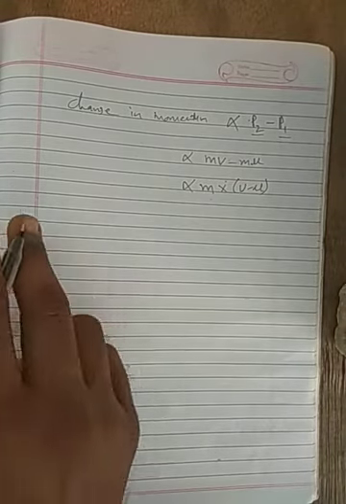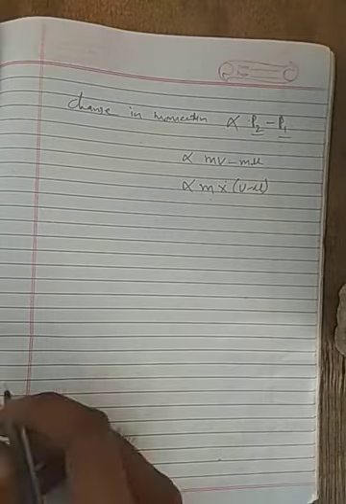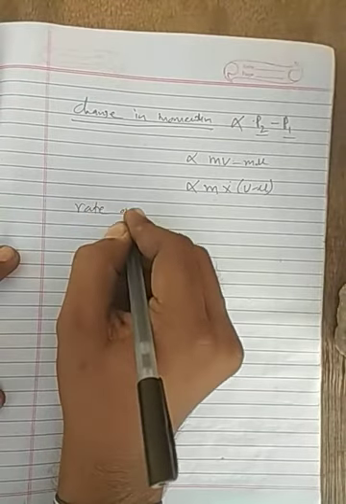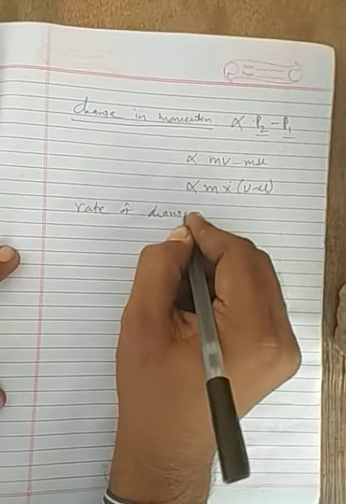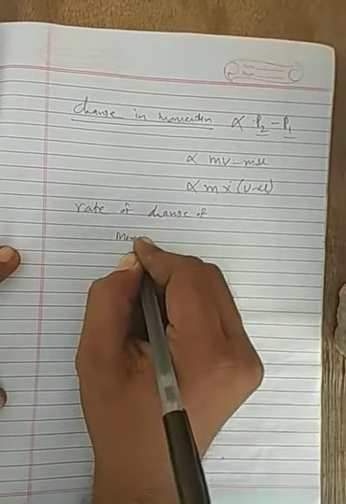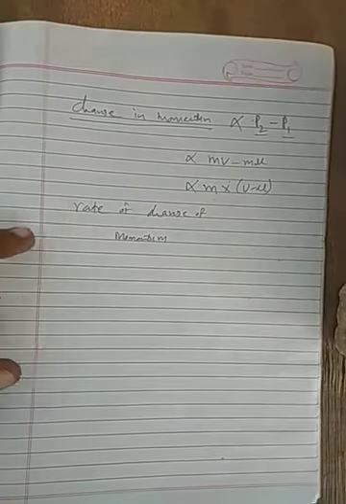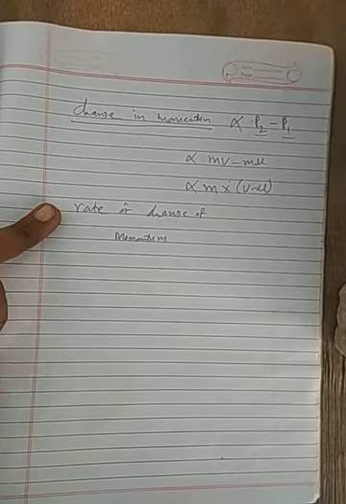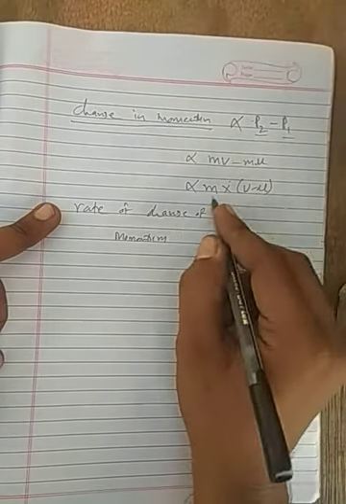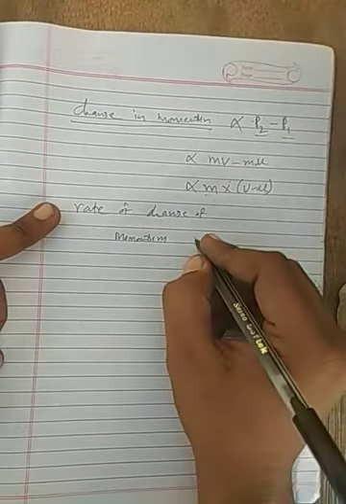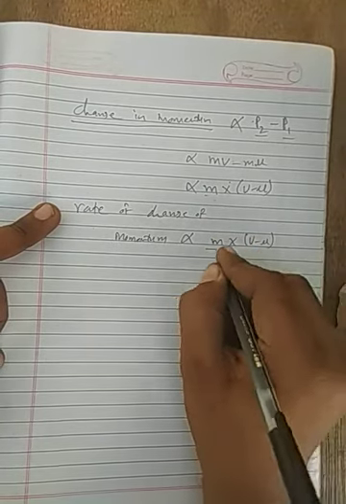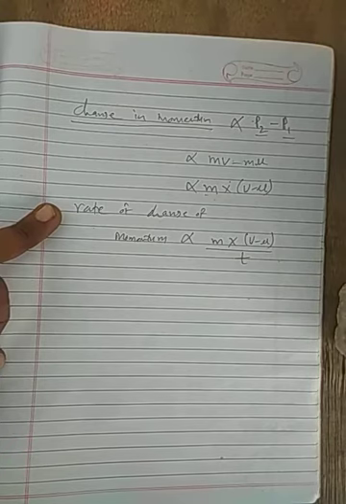Now if you want to calculate the rate of change of momentum, because the second law talks about rate of change of momentum with applied force, we have to add time. So it will be m into (v minus u) upon t.